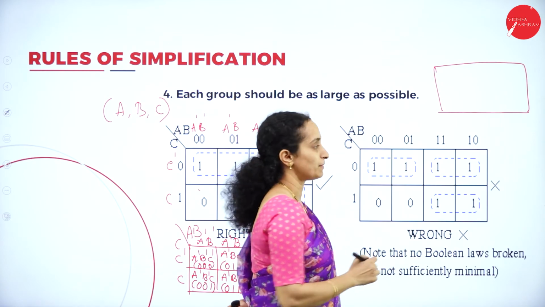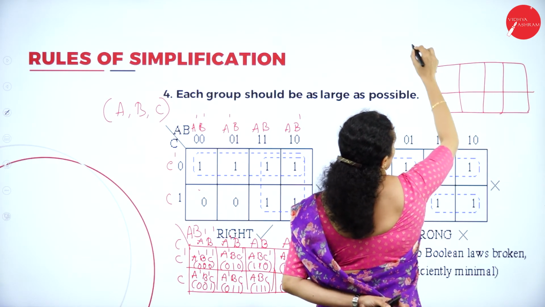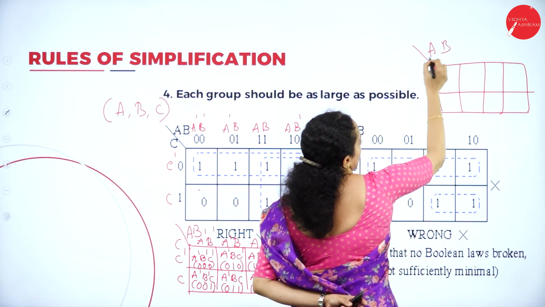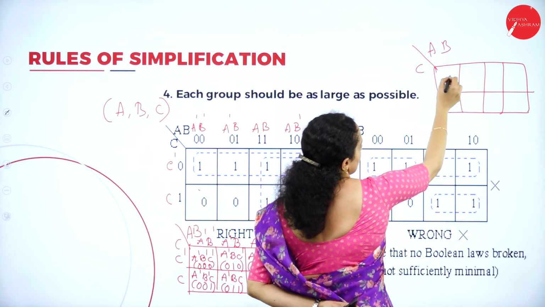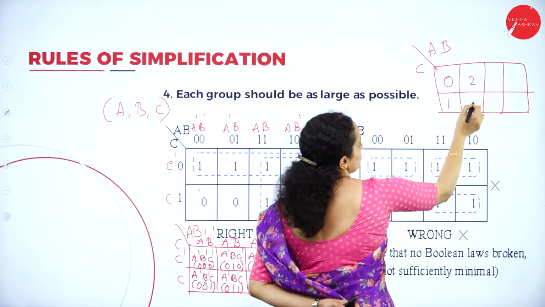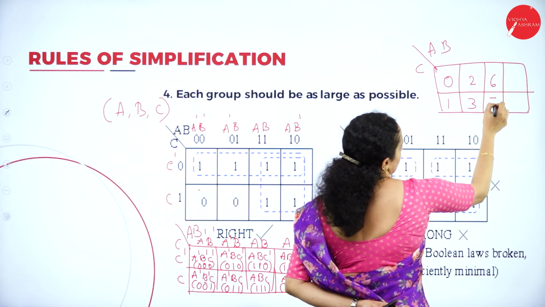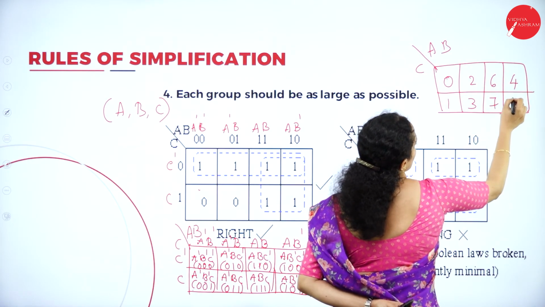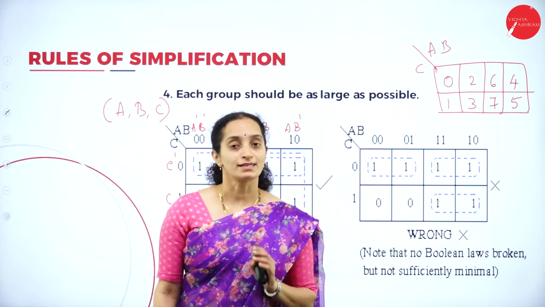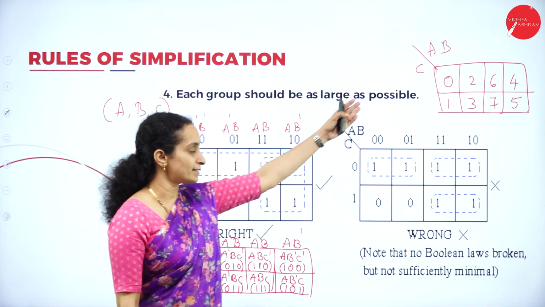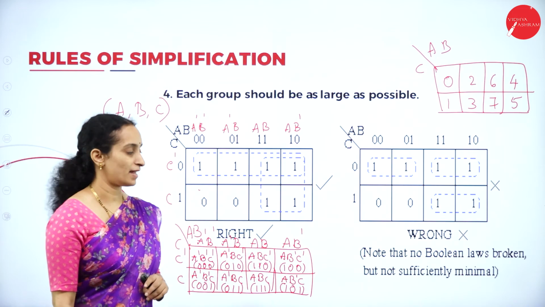In the decimal representation, you have A, B, C. So, you can represent the values 0, 1, 2, 3, 6, 7, 4, 5. You can represent the decimal equivalent in these cells in that format or in that manner also.